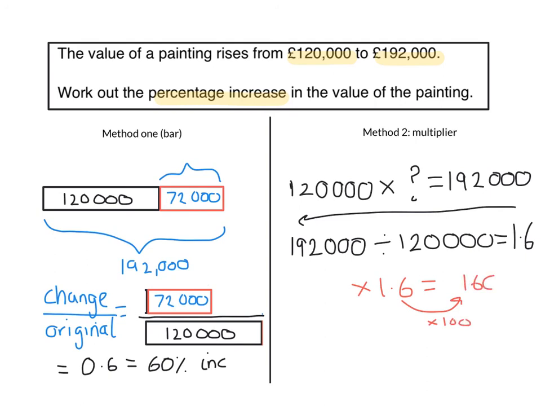That's 160%. That means I started off with 100% and I added on 60%. So my increase is 60%, so it's a 60% increase. Now this tends to be a quicker way when you've got a calculator, but you can still use a calculator this way. So if you prefer method 1, use method 1, use the change over the original.